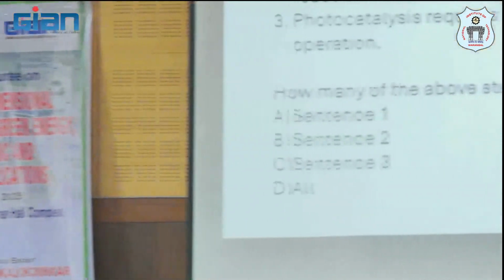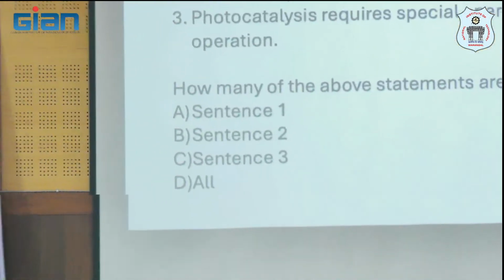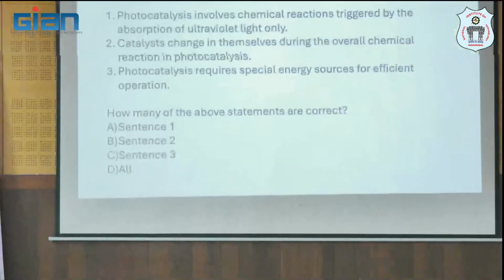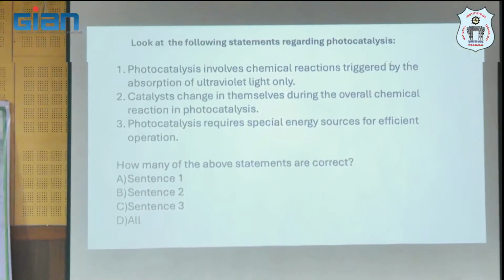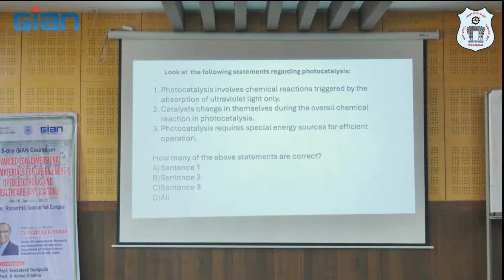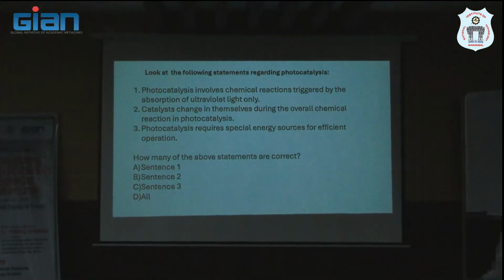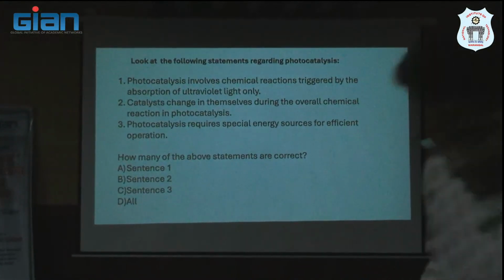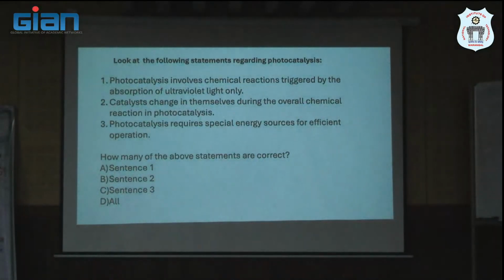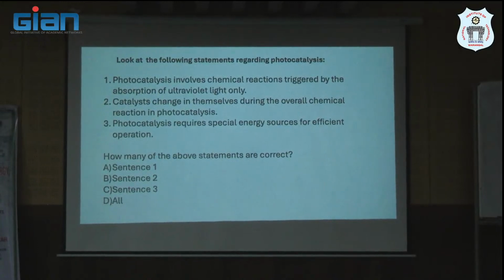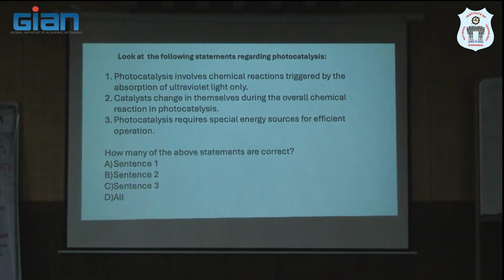In the morning, we have seen photocatalysis. So please look at the slide and read the 3 sentences. After reading the sentences, please see how many sentences are correct.